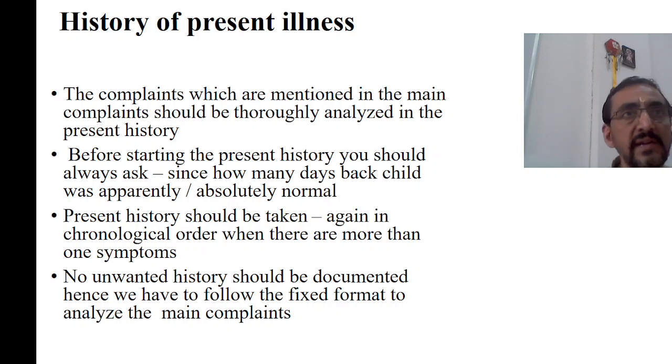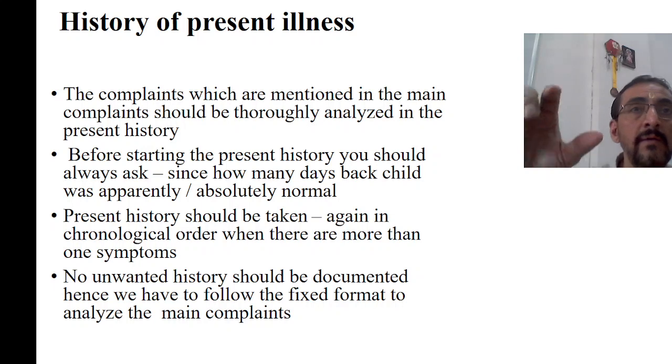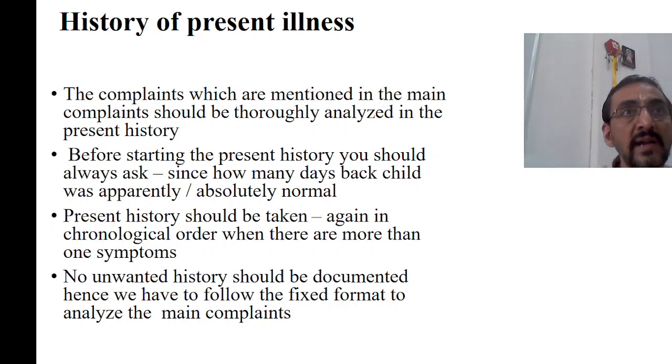The last one is any other extra information. These 10 points have to be taken in each and every complaint to have a complete present history. If there are 3 symptoms, the first started symptom should be analyzed in this way, then come to the second complaint, then the third complaint.